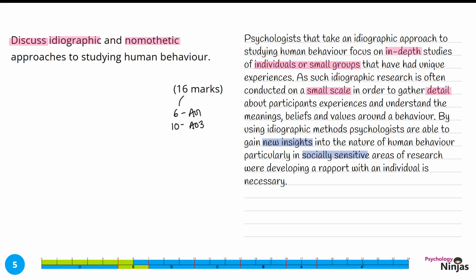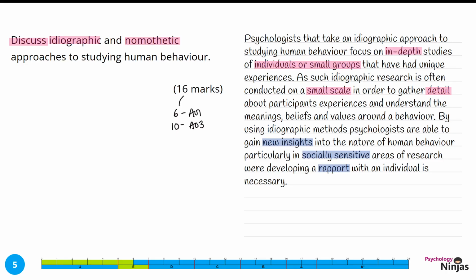And we've identified that this might be particularly important with socially sensitive areas of research. Now, we could give some examples here in terms of maybe either forensic psychology or relationships or maybe aggression that would boost this response at this point. We've gone in further here and said that it's important to develop a rapport. And by that, what we mean is a relationship or a connection with the people that we are investigating.